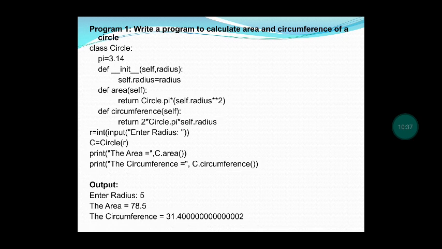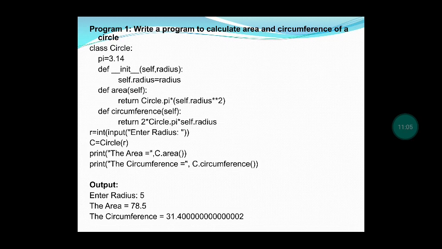After that, area returns circle dot pi star self dot radius star star 2. That means double star is exponent, so pi r squared. That is the area formula.